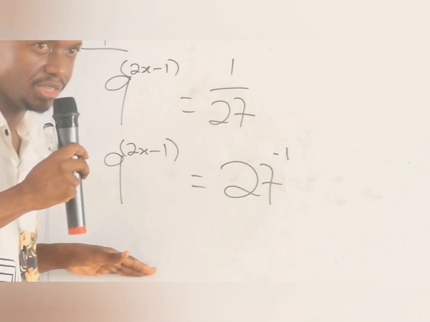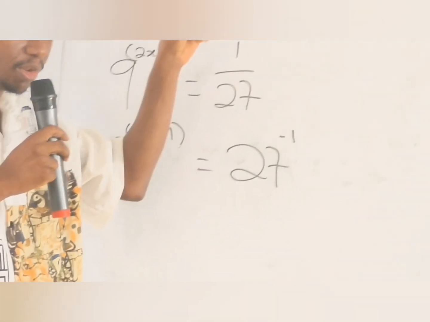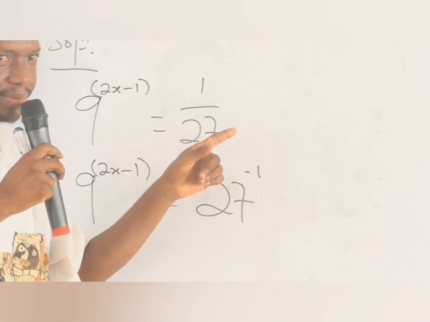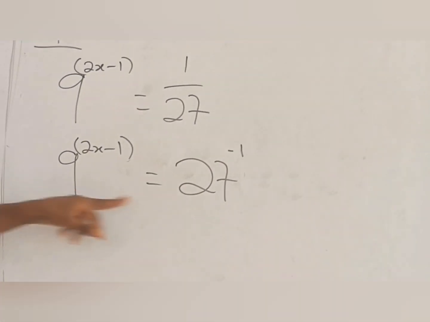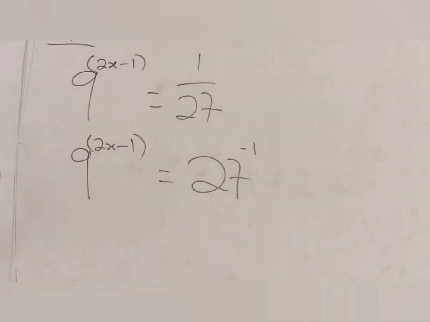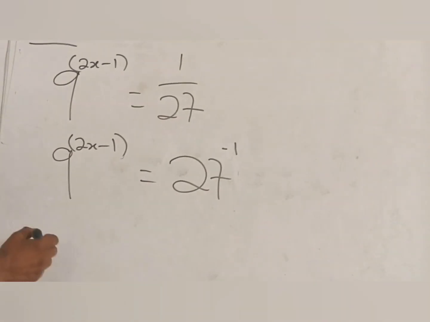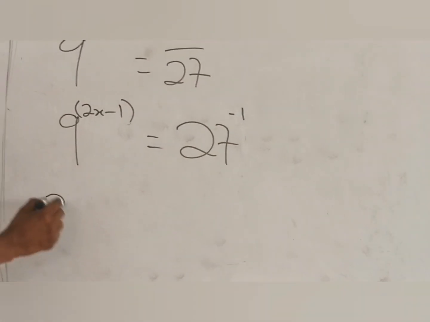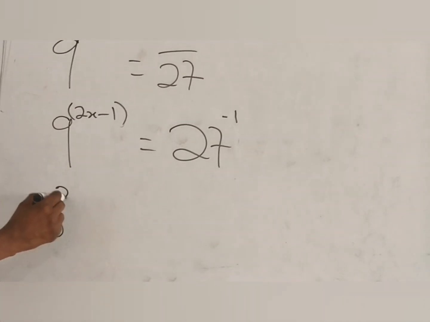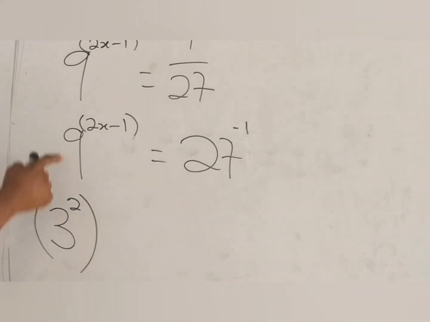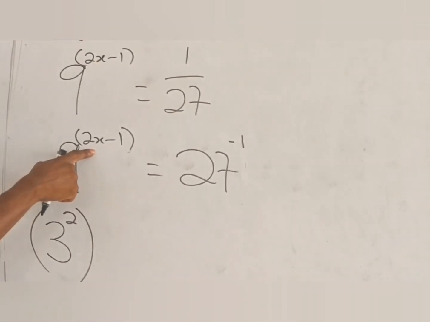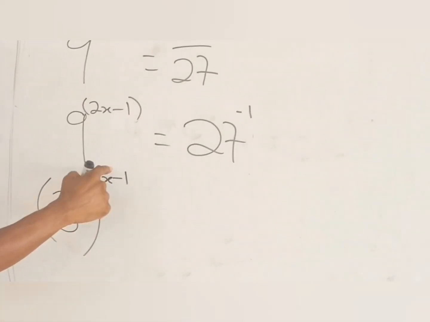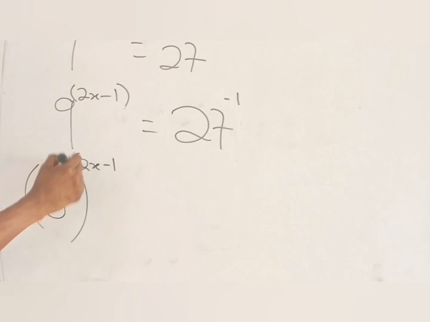Can you see? Yes. Because one of the properties is when the bases are equal, equate the powers. So we are going to see if we can make the bases have a common value. So 9 is the same as 3 to the power 2. But don't forget, 9 alone is to the power 2x minus 1.